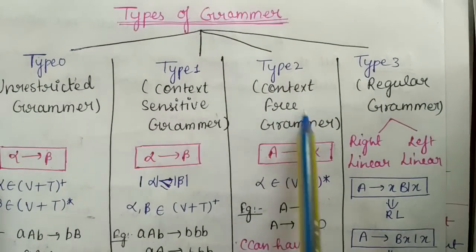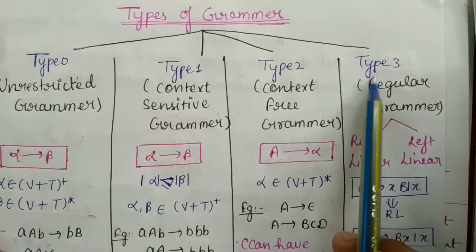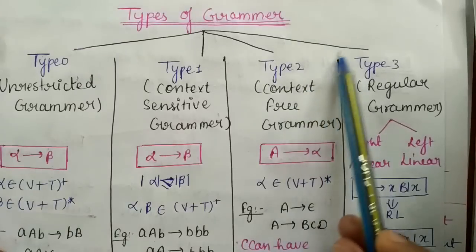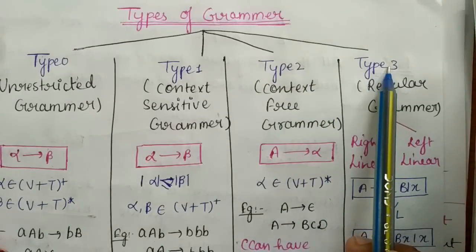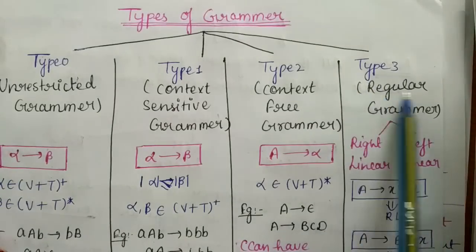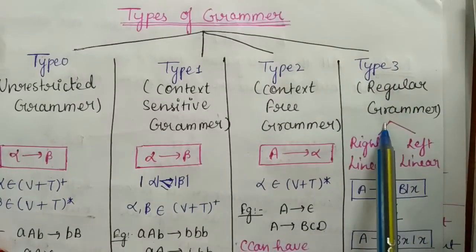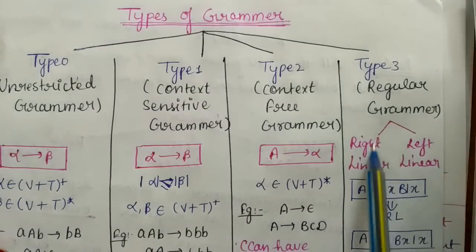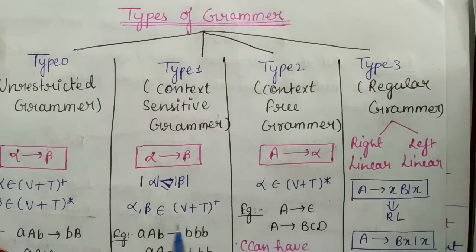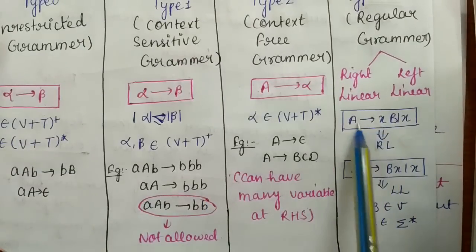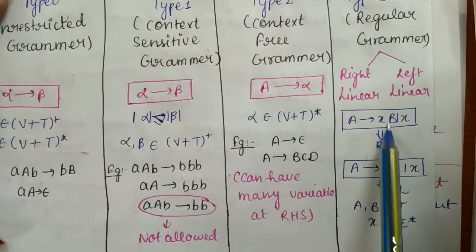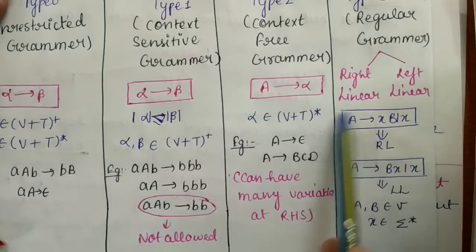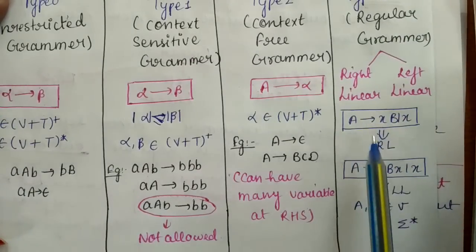Now type 3 grammar. When we put more restrictions on type 2 grammar, then type 3 grammars are derived. Type 3 grammars are also known as regular grammars, and they can be classified into two types: right linear and left linear. Right linear means if we have a variable on the right side, that is, the repetition is on the right side, then it is known as right linear grammar.